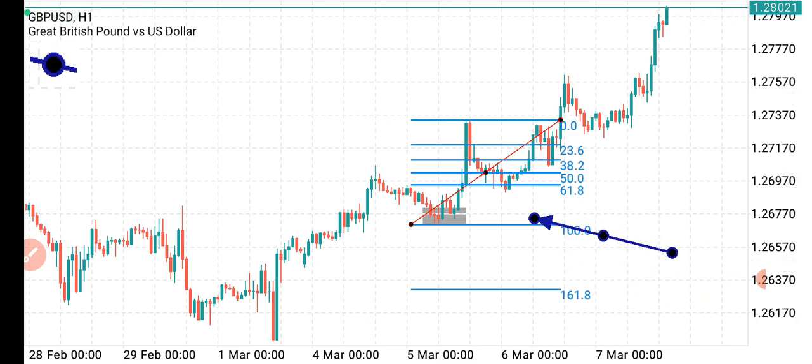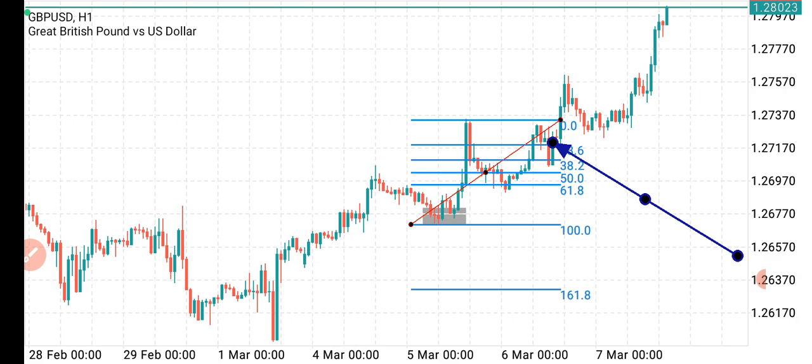Now, how do you know that the market has reversed? When price moves up and it begins to return, which is reversing, coming down, the way you confirm that a reversal has commenced is when the price closes below the 23.6 level of the Fibonacci.